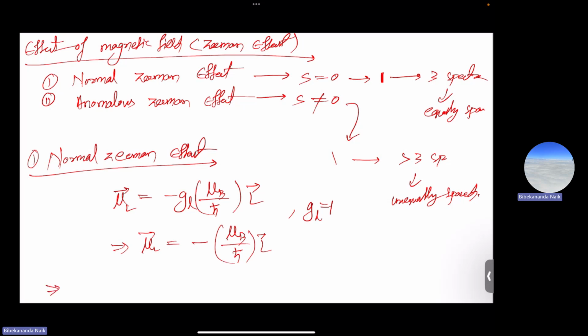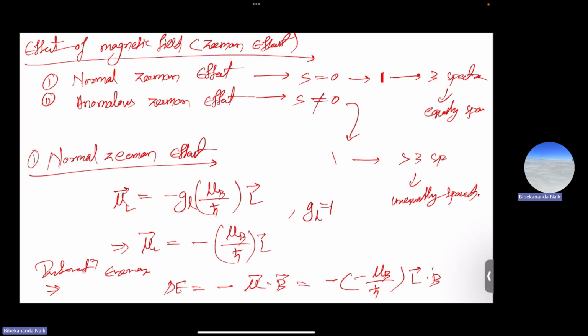Then there will be an interaction energy. So the interaction energy will be delta E, which equals minus mu vector dot B vector, that is plus mu B by h cross L vector dot B vector. Now L vector dot B vector will be LB cos theta, and L cos theta is nothing but the Z component of the L vector.